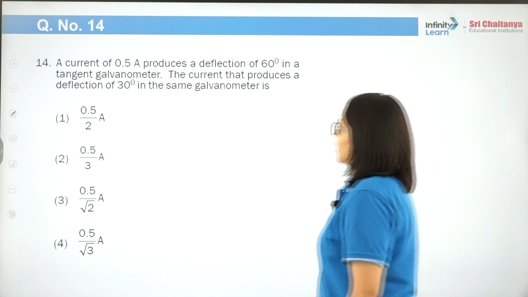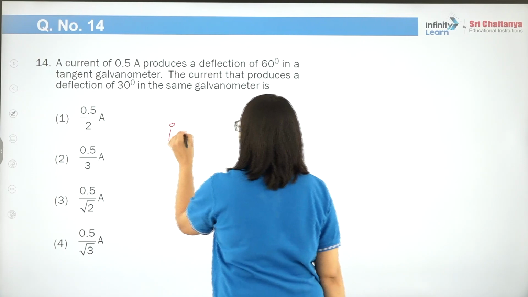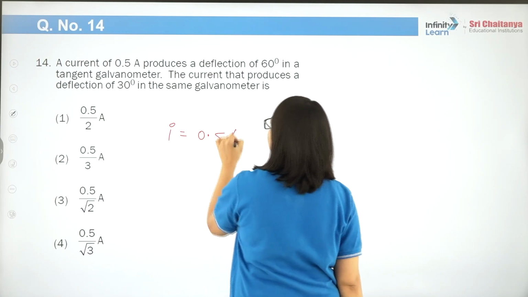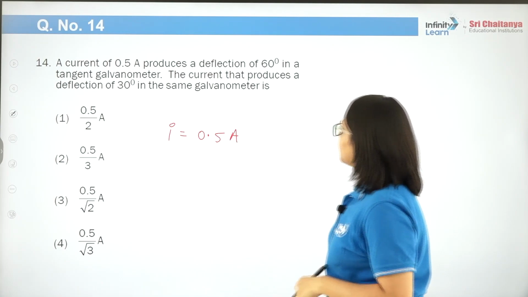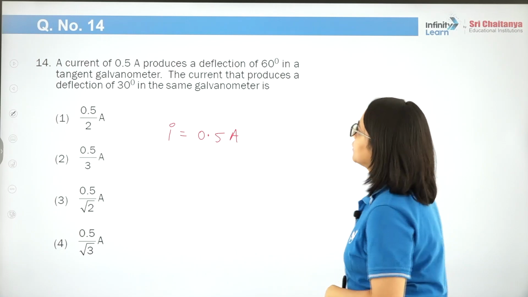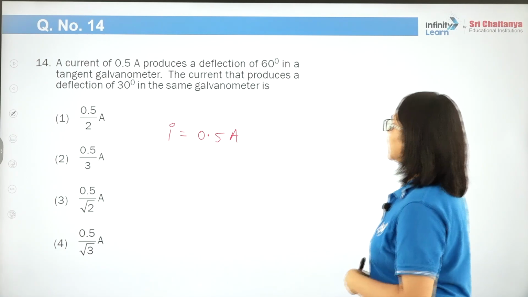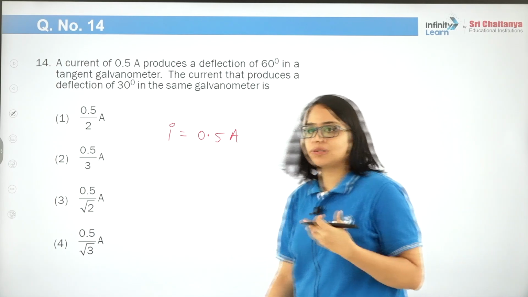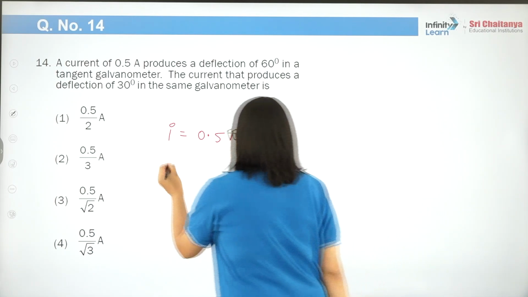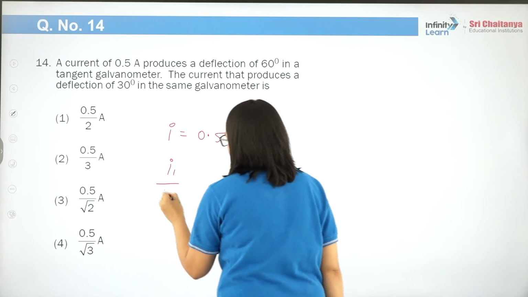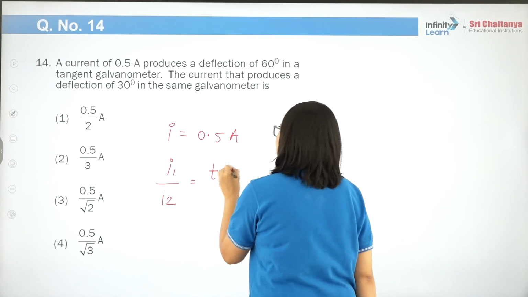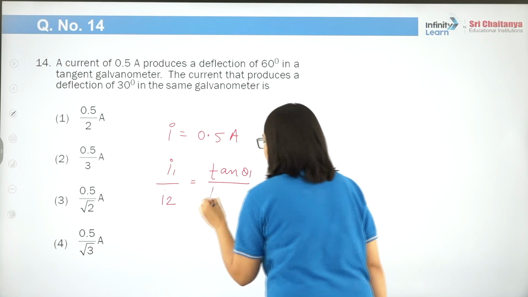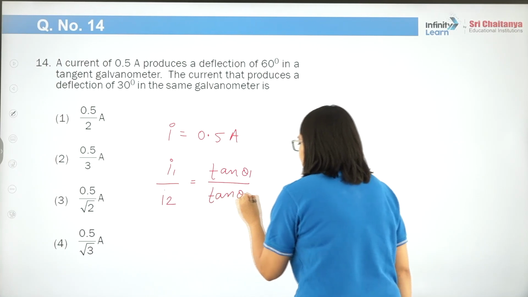Question number 14, we have a current of 0.5 ampere. It produces a deflection of 60 degree in the tangent galvanometer. The current that produces a deflection of 30 degree in the same galvanometer is? So, we know that for tangent galvanometer I1 upon I2 is tan theta 1 divided by tan theta 2.